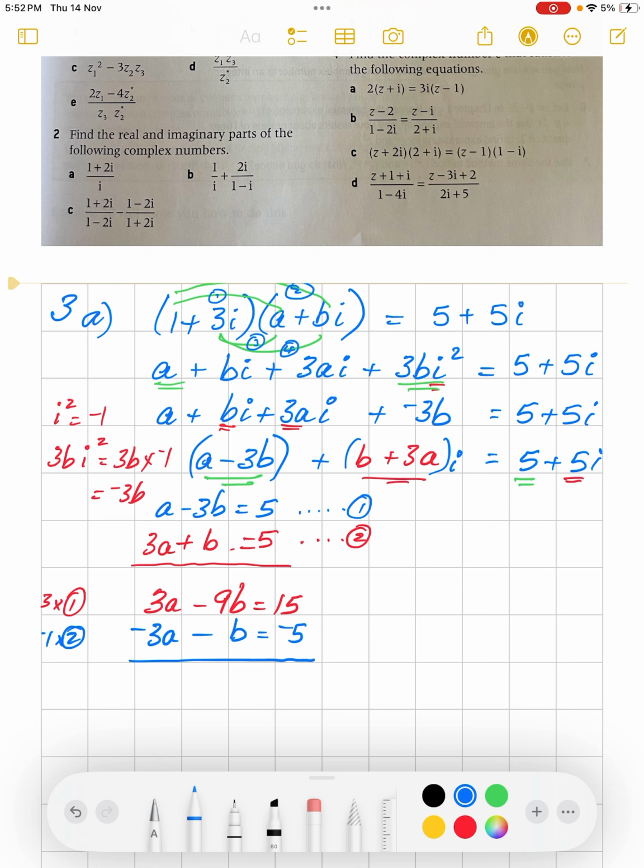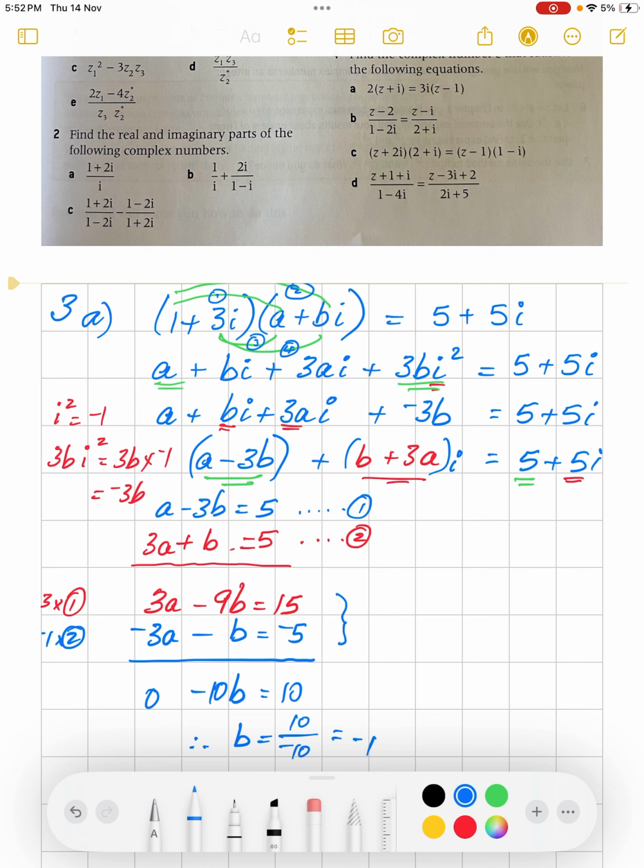Now I can add these two equations together, and that would become 0, negative 10B, and 10. Therefore, B equals 10 over negative 10, which equals negative 1.